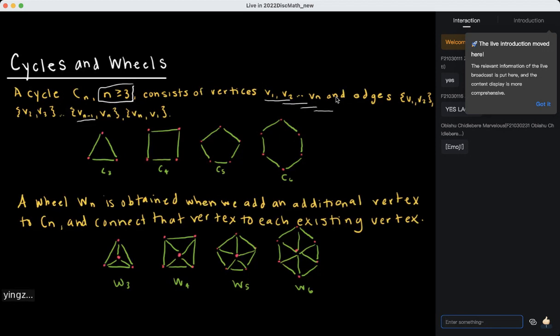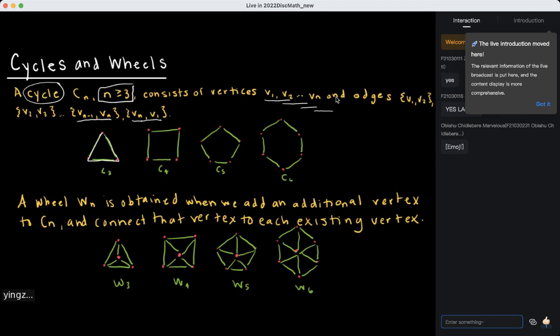So Vn minus 1 to Vn. And then Vn, my last vertex, to my first vertex. So Vn back to V1. So again, it makes sense that this is called a cycle because it's just going to connect all of the values with none of the other extras in between.